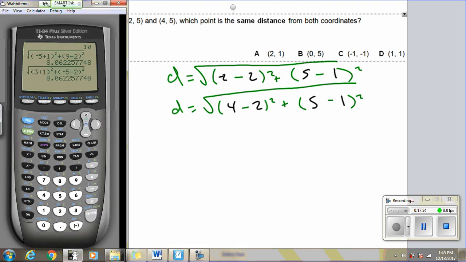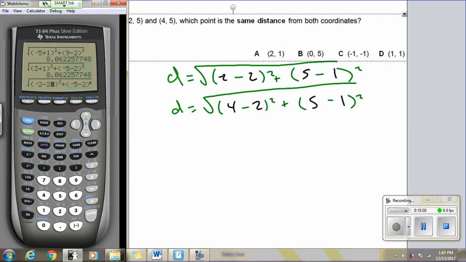Again, you can highlight, bring it down, and go all the way back over. So now I need a negative, insert 2, minus 2.